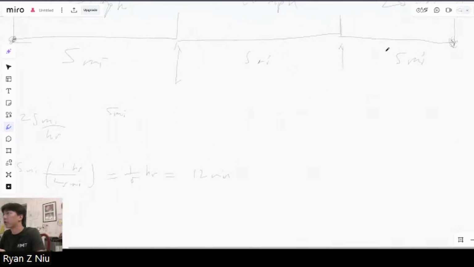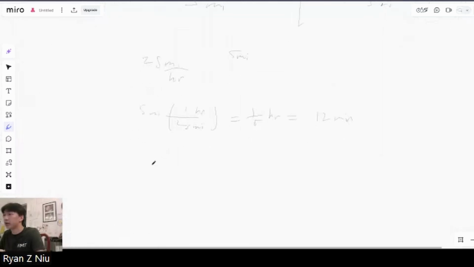And then so for this other stretch of land, right, it's going to be 20 miles an hour instead. And so we're going to have 5 miles times 1 hour over 20 miles. And so this is going to give us a quarter of an hour instead, which is 15 minutes.